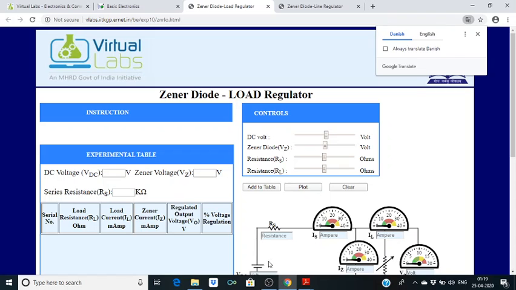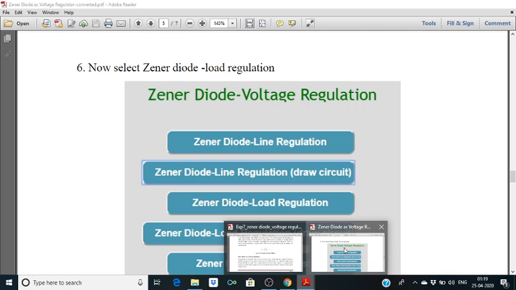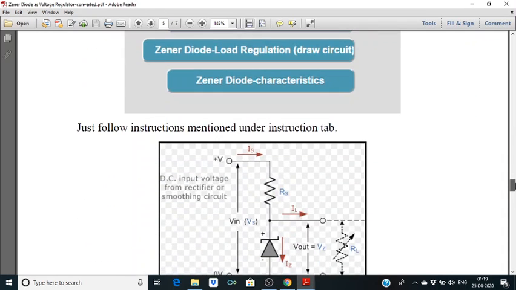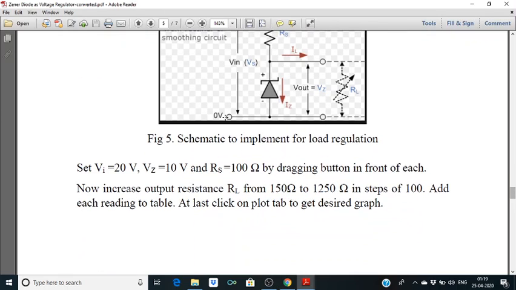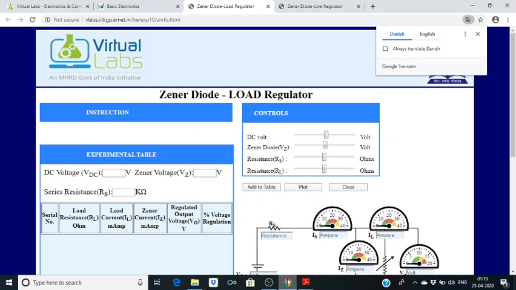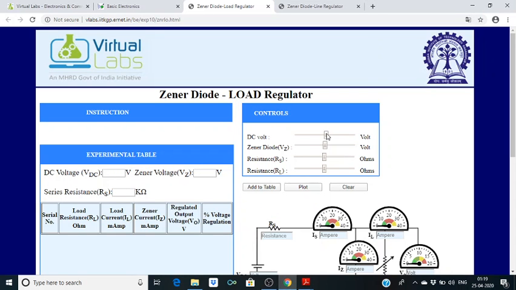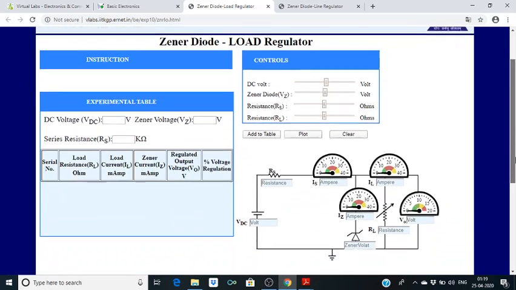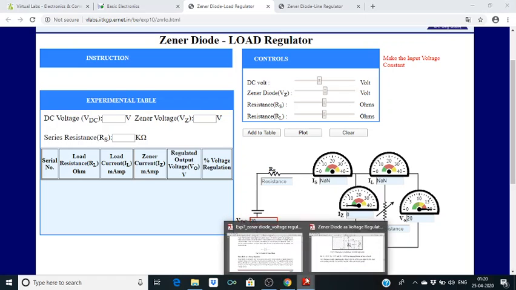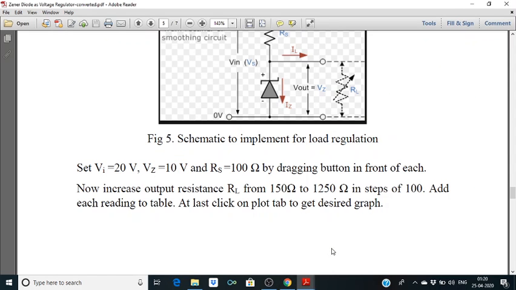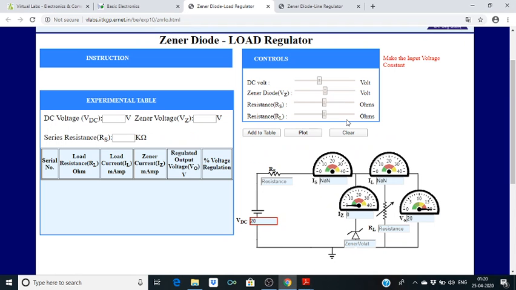So we have implemented this according to these values. VI we will set to 20 volt.